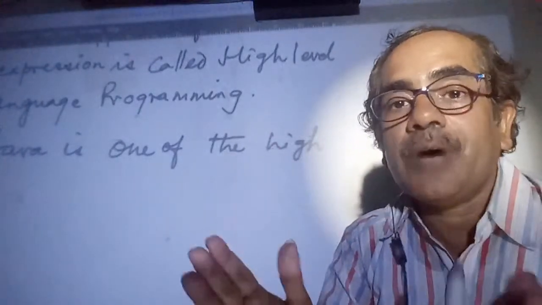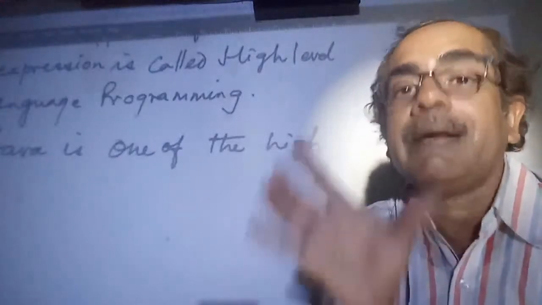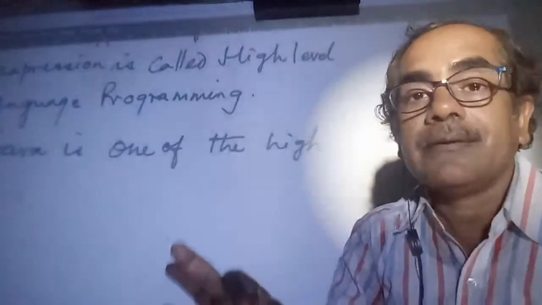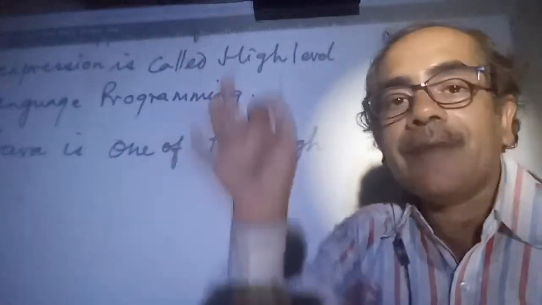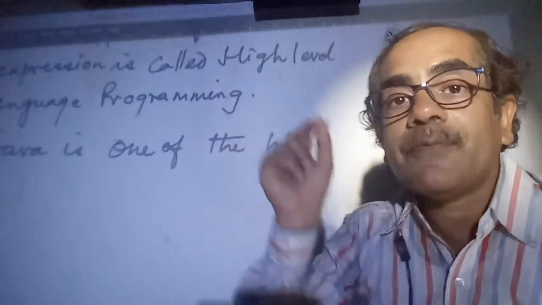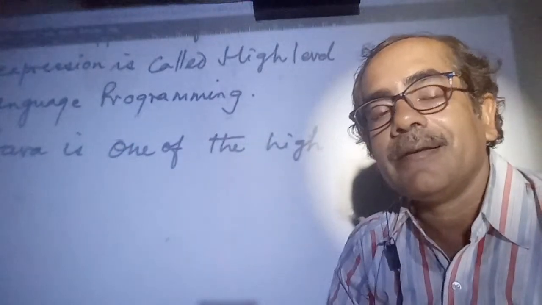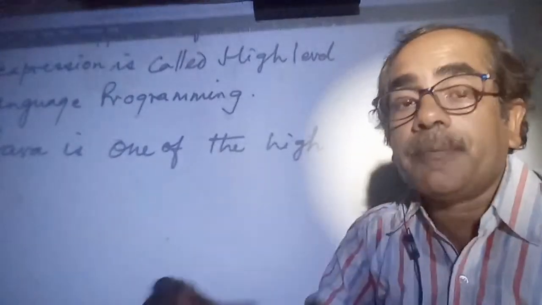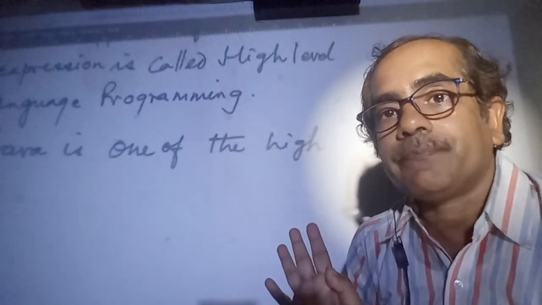So when you have a method written in a computer language, a high level language, the interpreter takes that method line by line, from top to down. For a particular line, if it is error free, if it is correctly written, the interpreter translates it and gives it to the computer for execution.